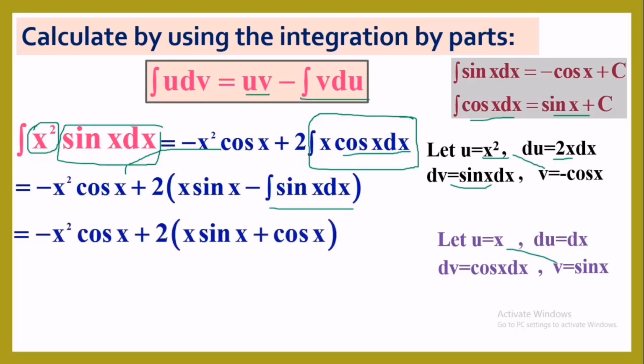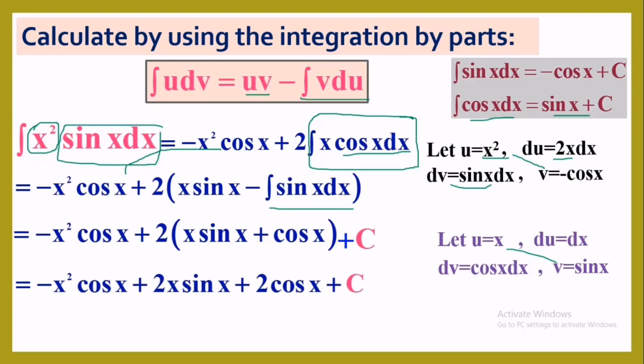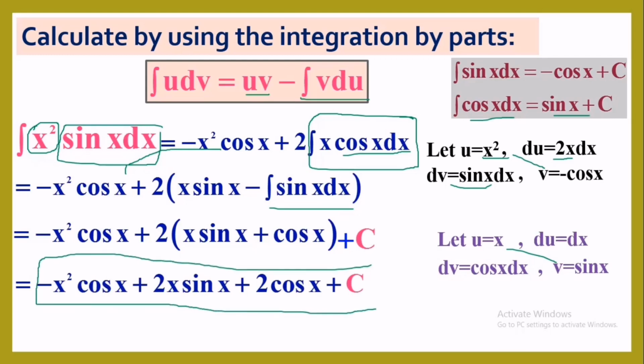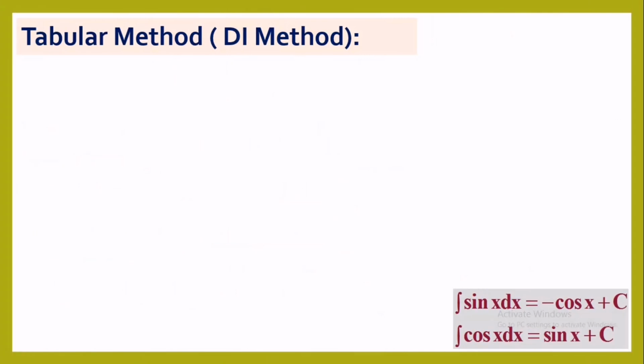We get minus x squared cosine x plus 2 factor x sine x plus cosine x plus constant. So this is the final result: minus x squared cosine x plus 2x sine x plus 2 cosine x plus constant. In this case, I will explain how to integrate these integrals by using a tabular method or DI method.